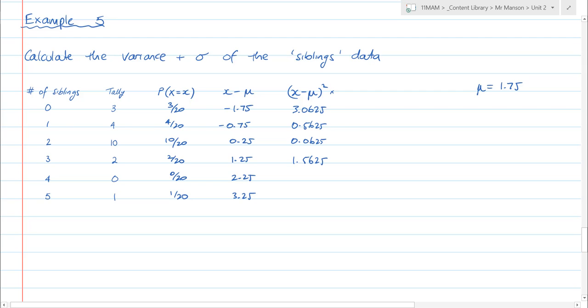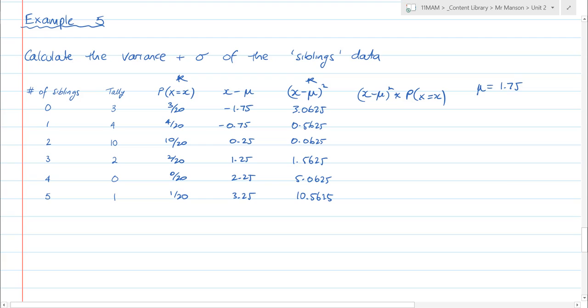I don't really need 2.25 squared because it's got a probability of 0 anyway, but I'll put it down. And then 3.25 squared is 10.5625.